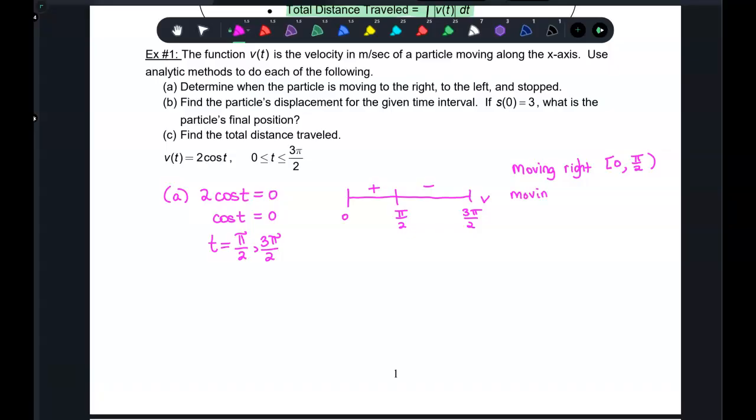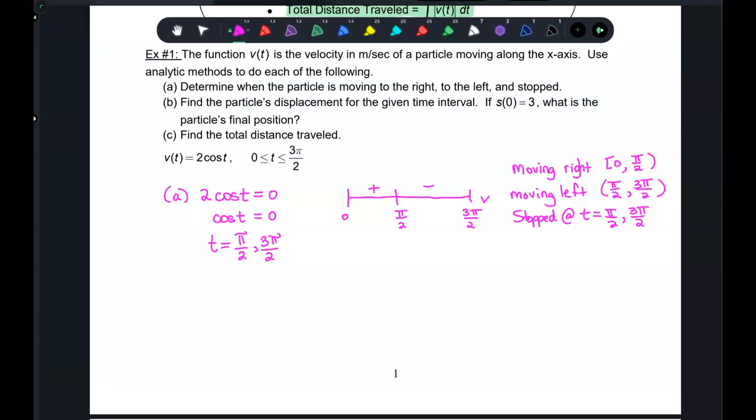It's moving left from pi over 2 to 3 pi over 2, all in parentheses, right? Because then it stopped at t equals pi over 2 and 3 pi over 2.